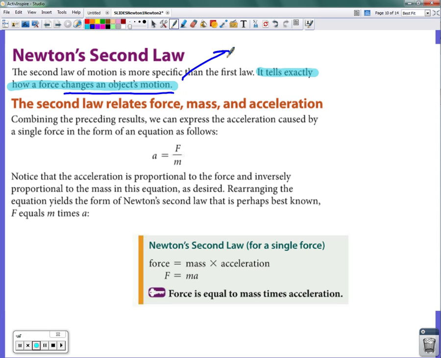We refer to changes in an object's motion as acceleration. Acceleration is how much the motion of an object changes. Newton's second law tells exactly how that happens. And how much an object's motion changes depends on three things: force, mass, and then the resulting acceleration.